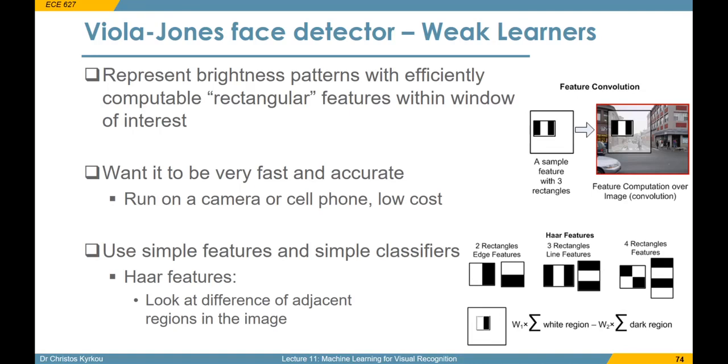These features are motivated by Haar wavelets, and they have black and white rectangles, and their output is the difference between the dark regions and the white regions, with some weight for each one. You can look at them as some form of edge or line extractor, depending on whether you have 2 boxes, or 3, or 4, and so on. They are applied on one region of the image, and we get a response.